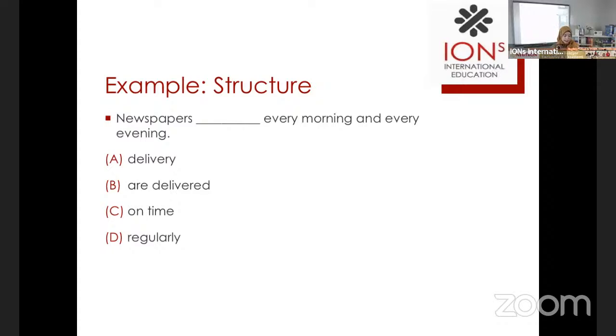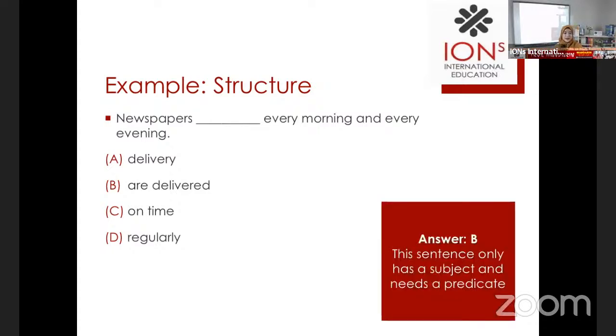Yang kedua apa tadi? Yang kedua adalah to be. Nah, to be. Apakah ada to be di antara A, B, C, dan D? Ada, Miss. Yang mana? Yang B. Apa yang B? Are delivered. So, which one is the predicate? Which one is the answer? Of course, it's bravo, right? Because there is a predicate. Are delivered. Begitu. Yeah, easy peasy, right?